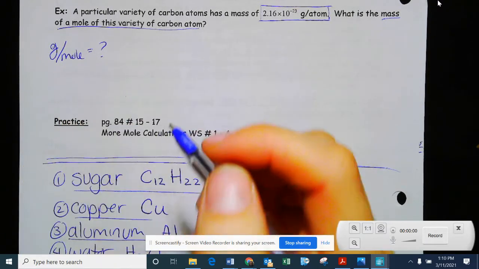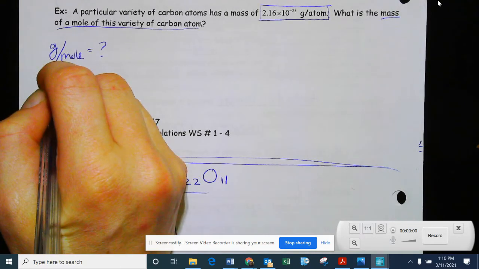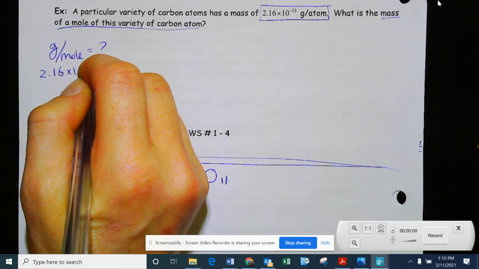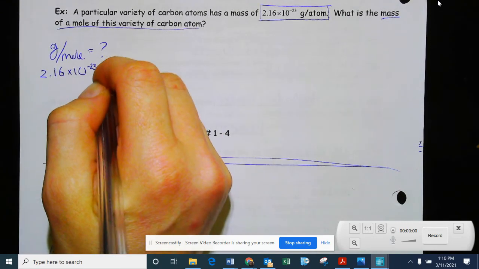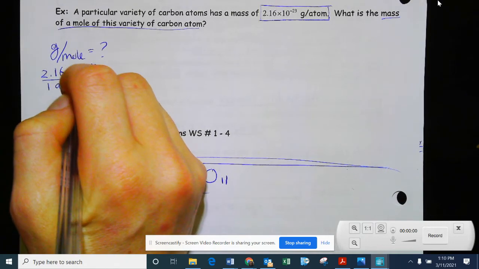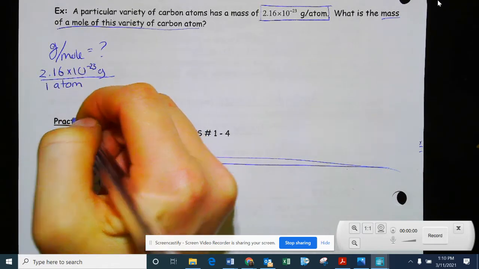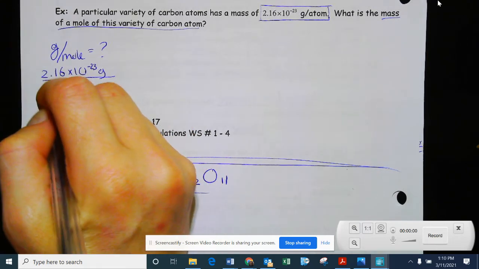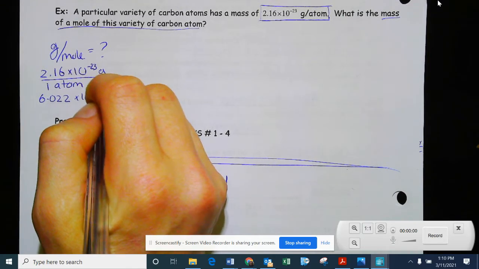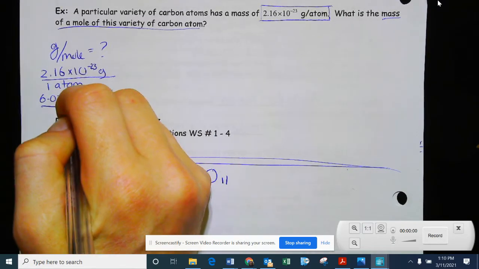We know that we've got 2.16 times 10 to the negative 23 grams per 1 atom, and we know that there are 6.022 times 10 to the 23 atoms in 1 mole.